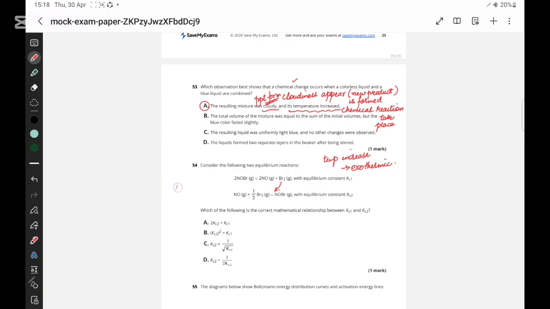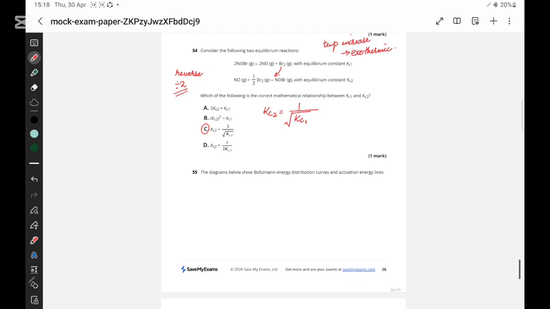So in order to find the value of Kc2, first, for the reverse, Kc1 needs to be written in the denominator because the equation is reversed, and when you are dividing it by 2, you need to put it under the root as well. So option C is going to be the right one.